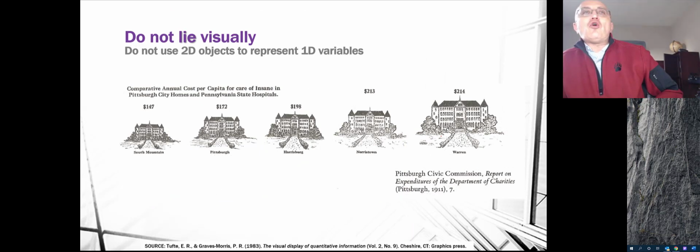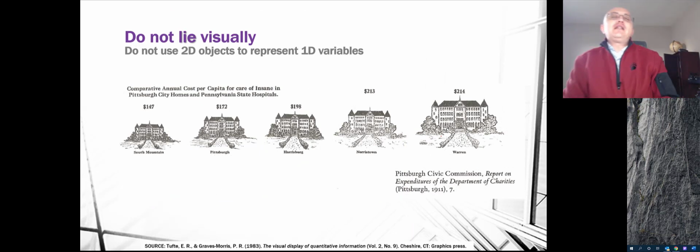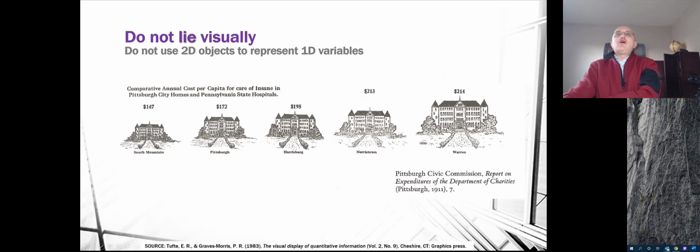All right, so the next thing is you have to be careful not to lie visually with your data. If you take a look at the size of this mansion, here's the best example, the size of this mansion between Norristown and Warren. Visually, that mansion is almost 2 times the size of Norristown. But look at the dollar amount.